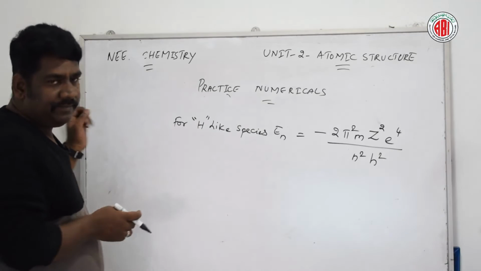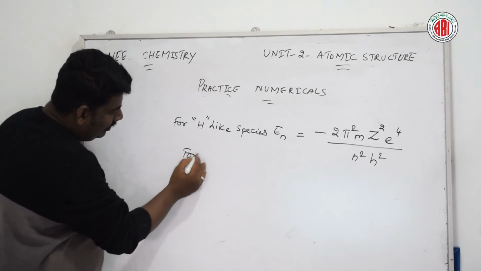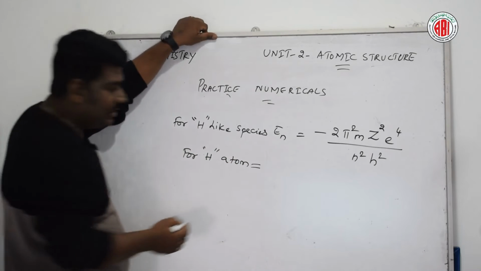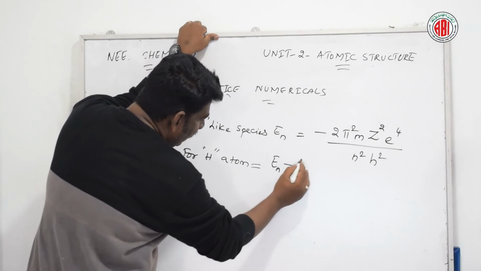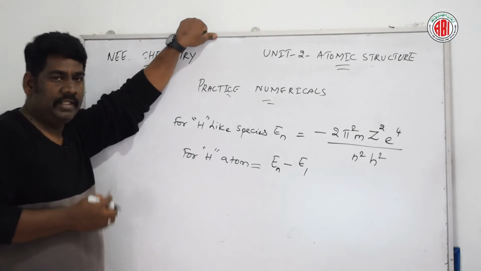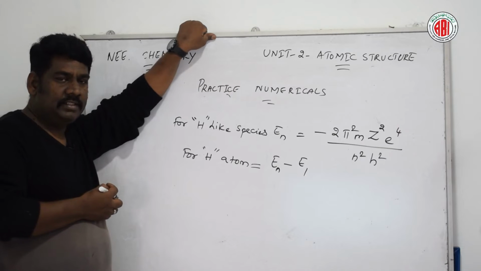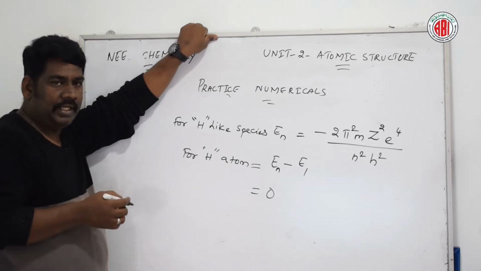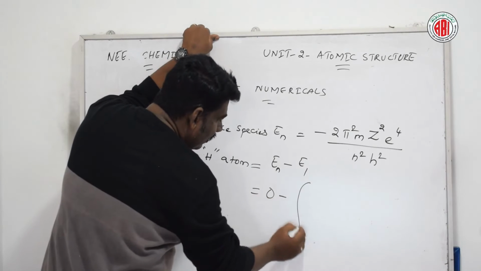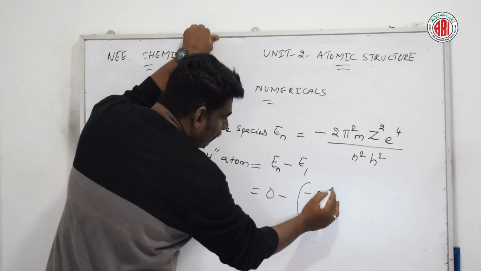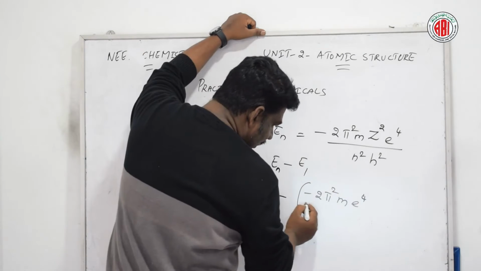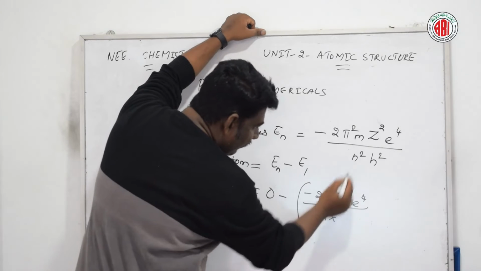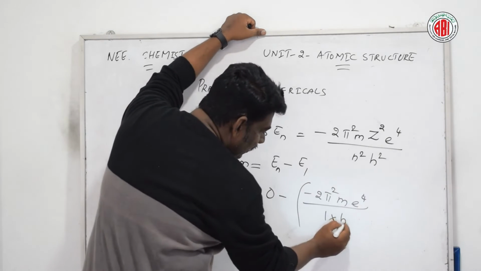For hydrogen atom, energy, that is En minus E1, that is equal to 0 minus 2 pi square m e to the power of 4 divided by 1, n value, that is 1, into h square.